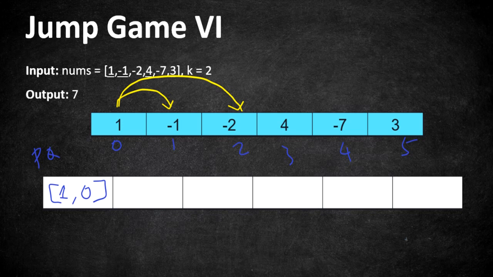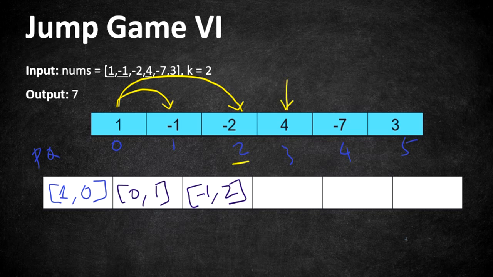Then we put 0, 1 first because that is the maximum score out of both, and we first explore from that path and then move on to the lesser score path. The lesser score, landing on index 2, gives you minus 1, 2. Now we are iterating the given array, we are done with 2 indexes, and now we are at the third index.